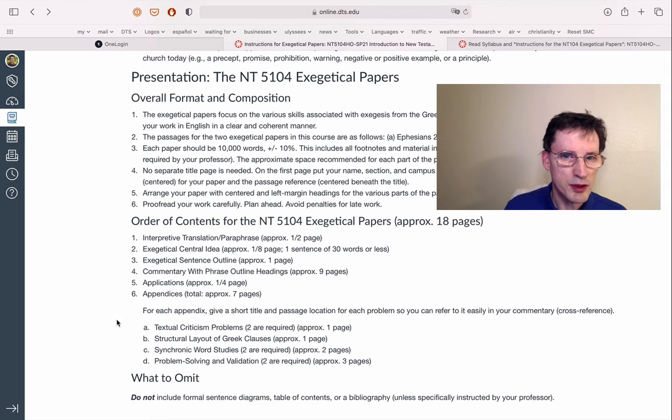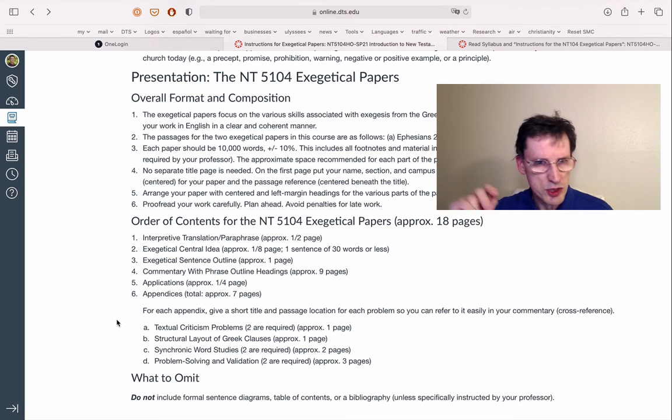If you want to use footnotes, you can use Turabian style if you're going to use footnotes. And if you're using periodical literature, be sure to give the full bibliographic information on the first reference. No title page needed. You can just put your name in the upper right hand corner.